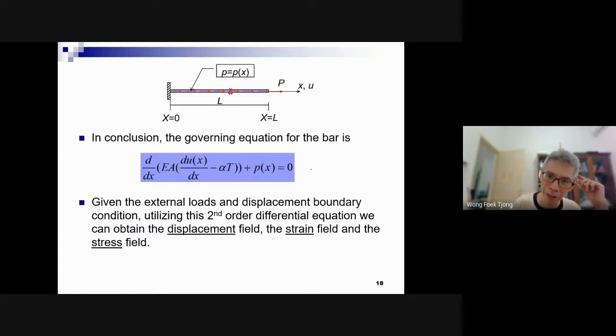Interior means x greater than 0 and less than L. So this is the equilibrium equation inside the bar.